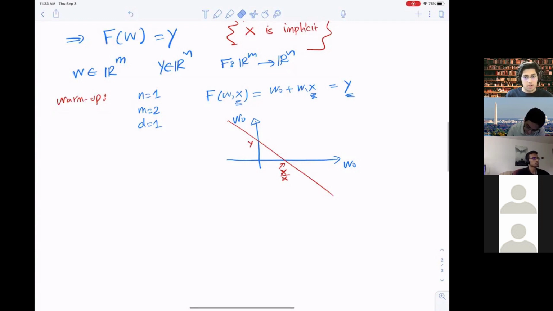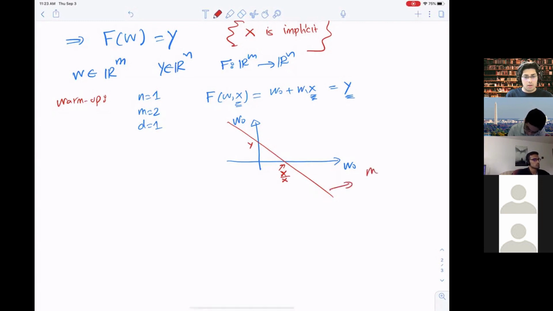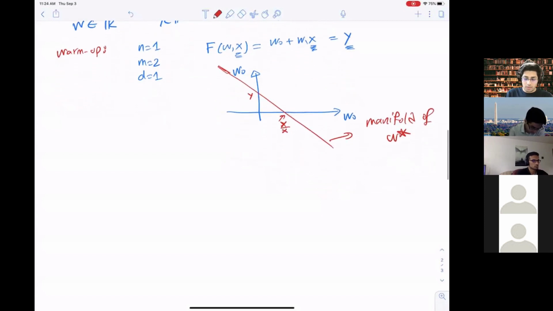Basically, this is the manifold of all of my W stars. It's not unique because I have more parameters than the number of samples or equations. So I'll have an infinite number of optimal W stars, and in fact they are not isolated. They form a manifold in this example.